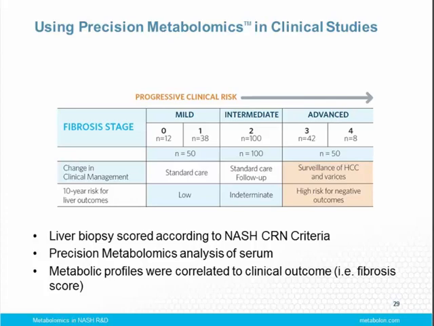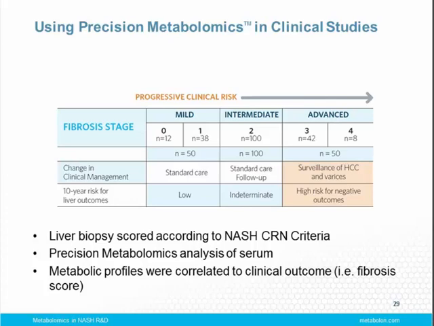There were 100 patients included in what can be considered an intermediate fibrosis stage of 2, and then 50 patients that had a fibrosis stage of 3 or 4. And what we did is that serum was collected and metabolomics was performed.